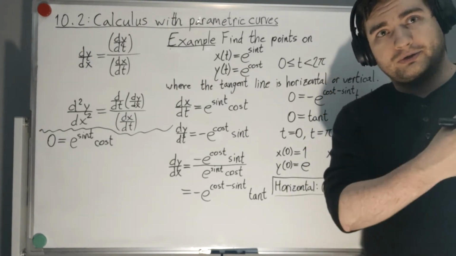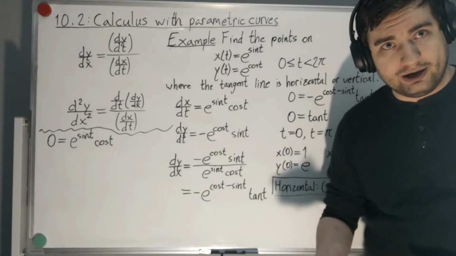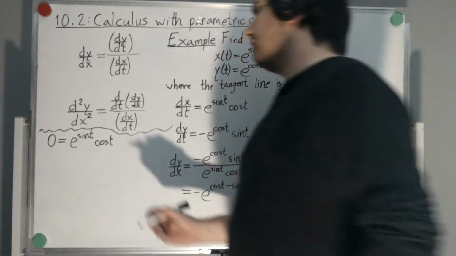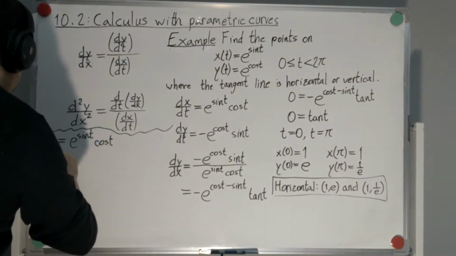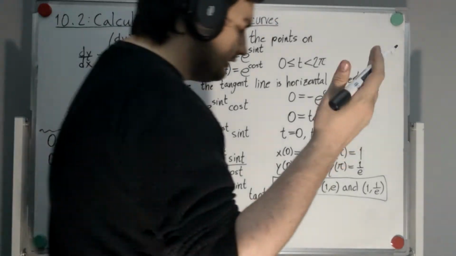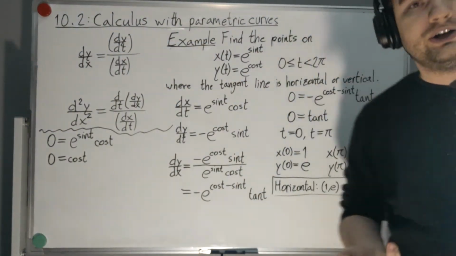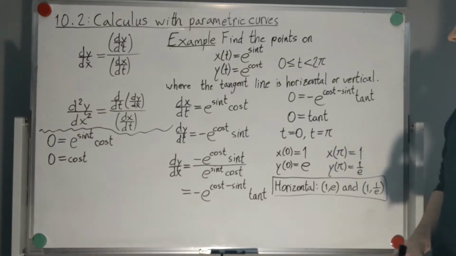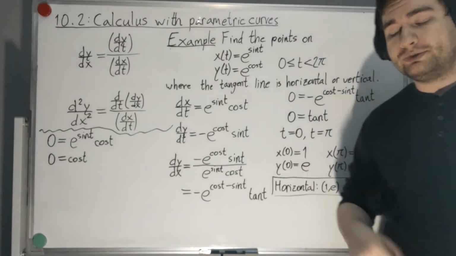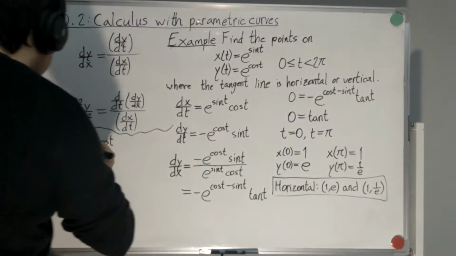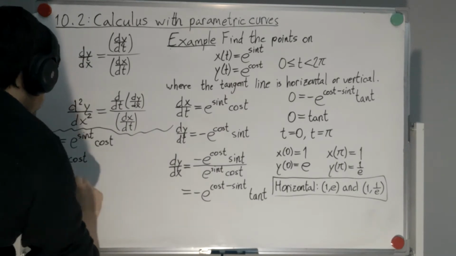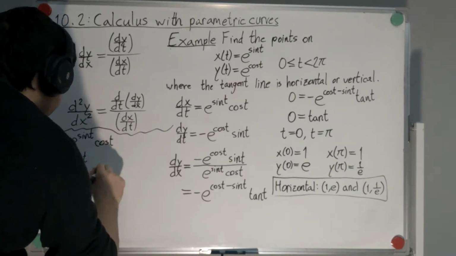You can't get e to something and get 0 out of that. You can't get e to something and get negative out of that. So we can divide both sides by e to the sine t, which means cosine t has to be 0. That too is an equation with infinitely many solutions, but specifically we're just concerned with the ones between 0 and 2 pi. So between 0 and 2 pi, cosine t is 0 at exactly pi over 2 and 3 pi over 2.